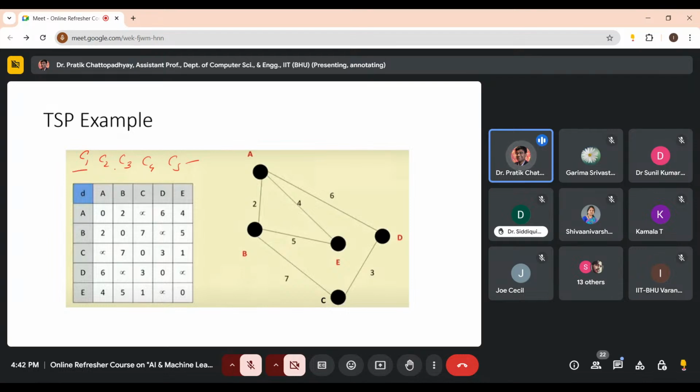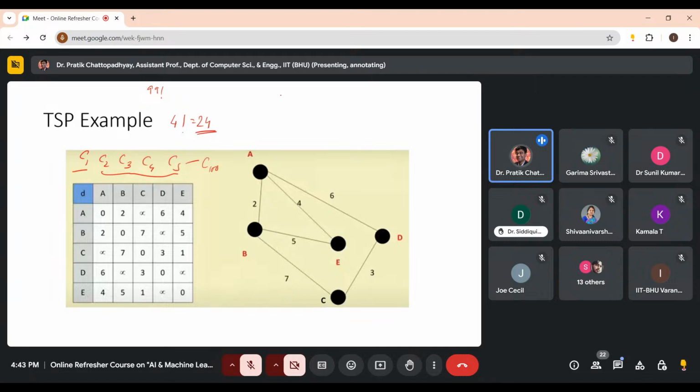You are starting from city 1, visiting these 4 cities in any order, so 4 factorial combinations, basically 24 different combinations. With 24, we can still search manually, computing the total distance traveled 24 times and finding the minimum. So it is possible. But if the number of cities increases to 100, then we have to compute 99 factorial, which is a very large number. This brute force search method will take a lot of time. So the genetic algorithm becomes handy there. We write the cities in some ordering. That is one chromosome here.